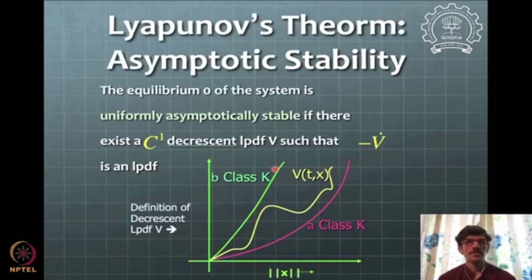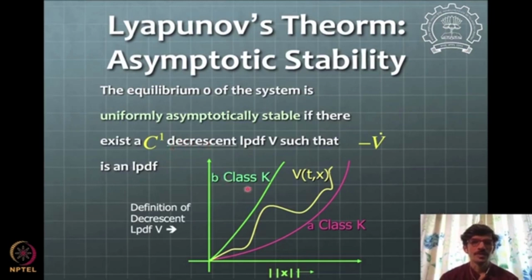Then you have this notion of asymptotic stability we have seen. This is the asymptotic stability theorem. For the same system, we say the same equilibrium is uniformly asymptotically stable if there exists a C1 decrescent function. Decrescency is an additional property that is put here.